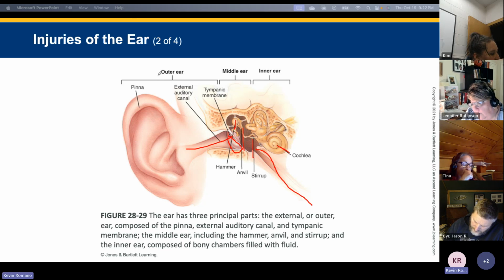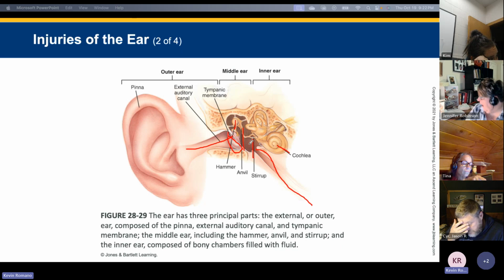The outer ear, middle, and inner. You can kind of see drawing a line straight down. So the stirrup, anvil, and hammer would be part of your middle ear, the cochlea along with the eustachian tube your inner ear. Then your outer ear, you have your tympanic membrane going out. This is where all your earwax is stored, right?